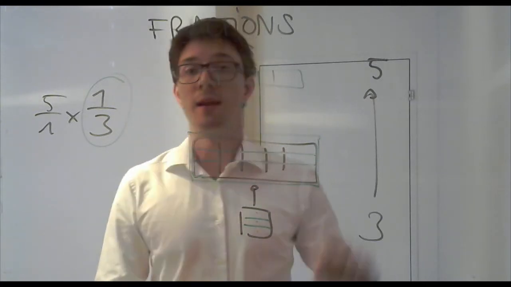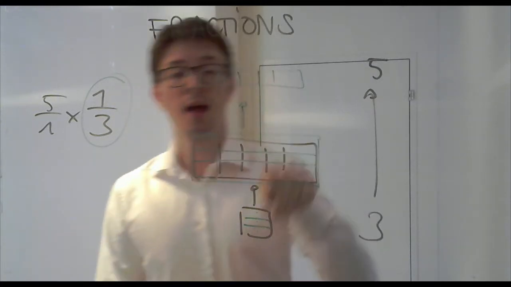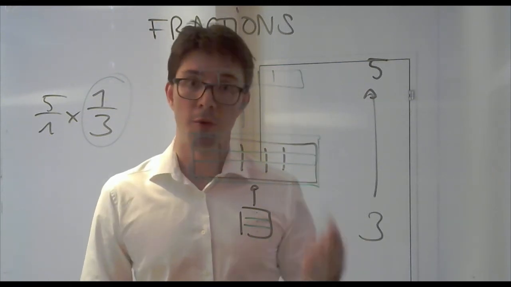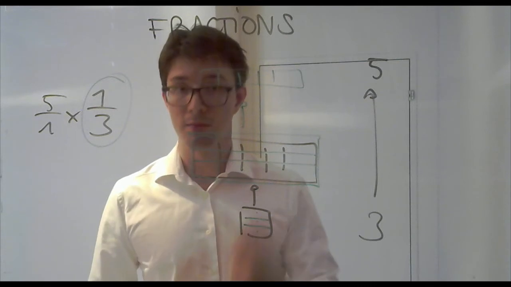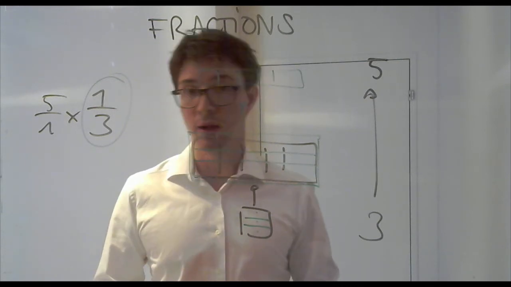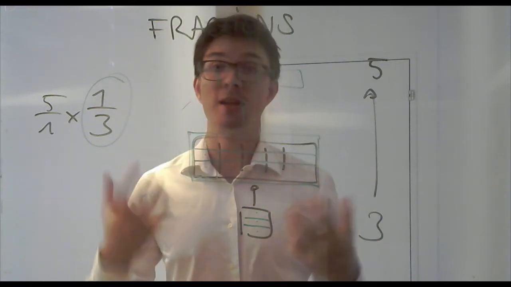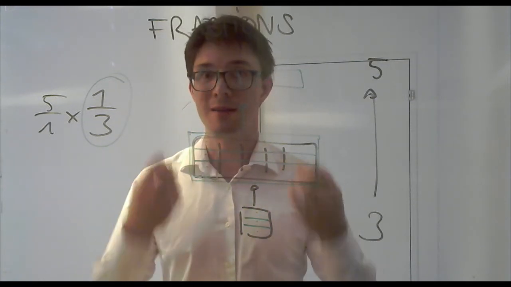And now we have to deal with how these machines, these fractions, can operate among each other. How we multiply and divide them, and then how we add and subtract them. Then we have actually extended our range of what a number is to these fractions.